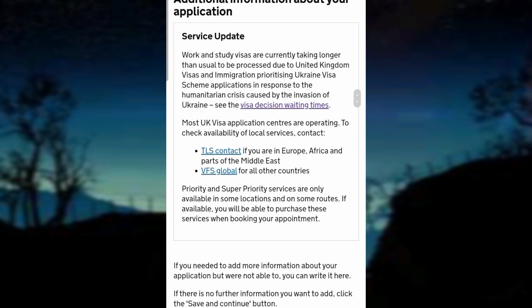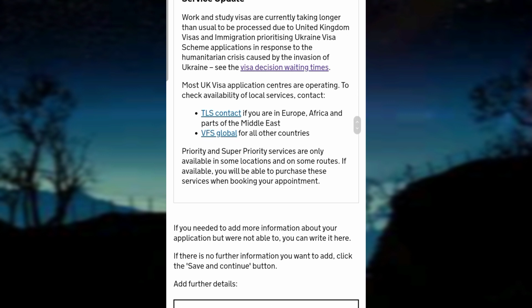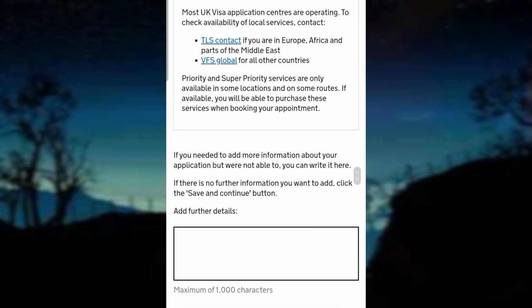So here is this field, additional information about your application. This is where you can put any additional information you feel has not been covered in your application. It says if you needed to add more information about your application but you were unable to, you can write it here. So for people who think that they need to explain further about that armed forces thing, you can put it here.